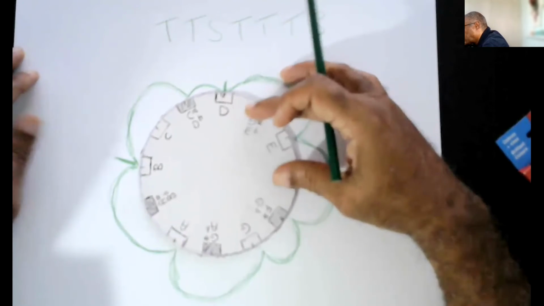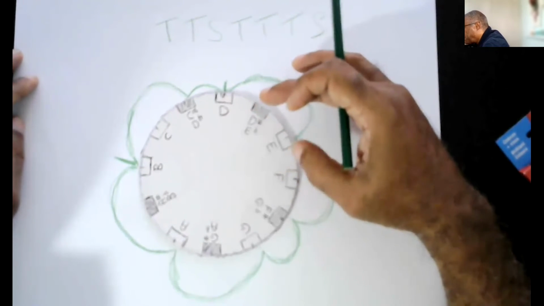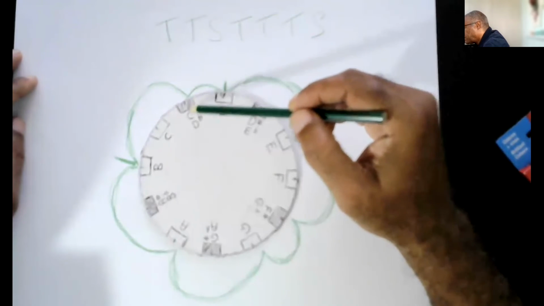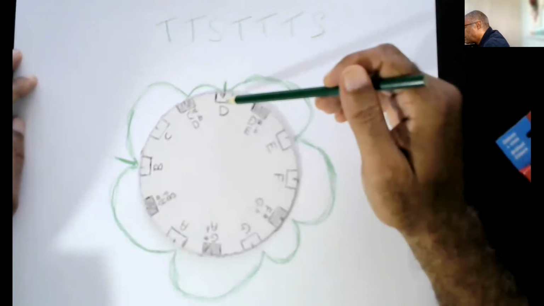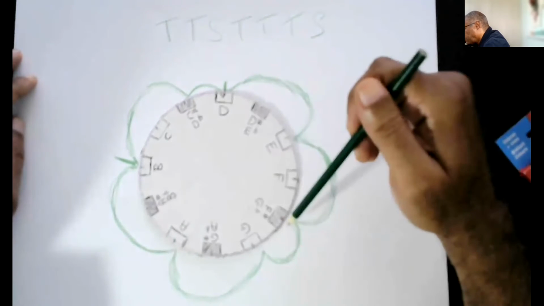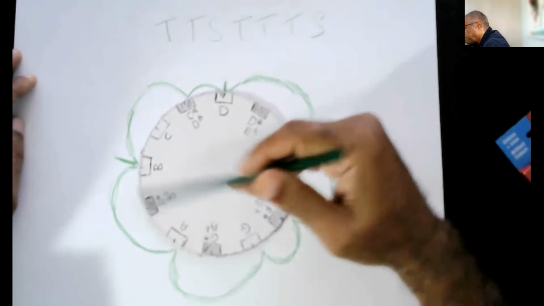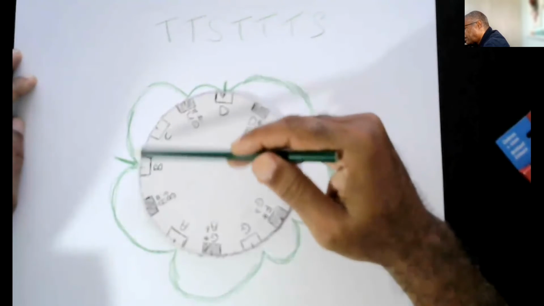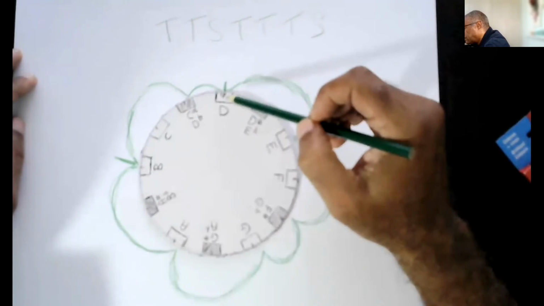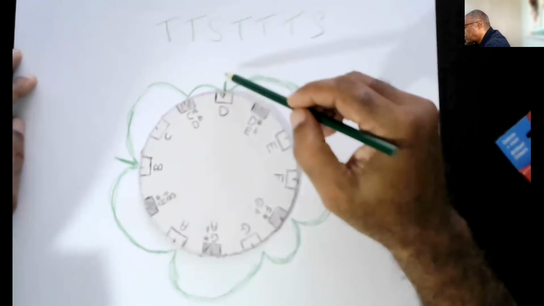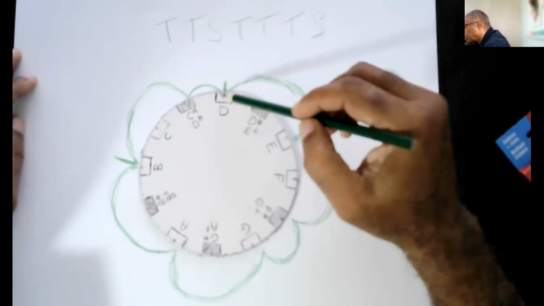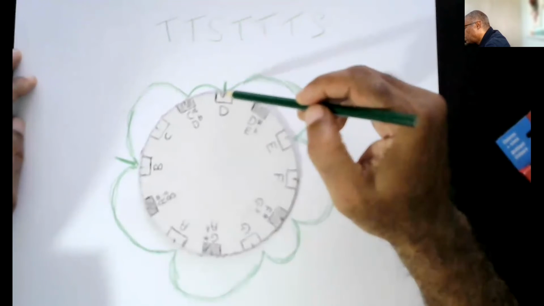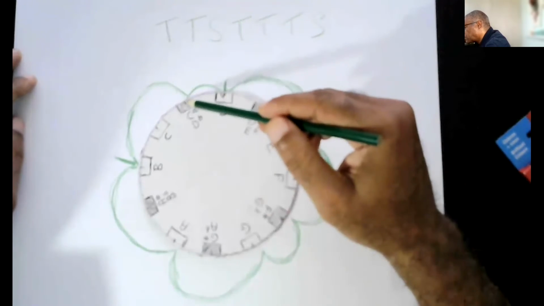Right. So if you look at B, B minor would be B, C sharp, D, E, F sharp, G, A, back to B, right? And this is the relative minor of D major. D major starts here. This is where you start the major pattern, right? Tone, tone, semitone, tone, tone, tone, semitone. This is the major scale. So D major has F sharp and C sharp in its key signature.